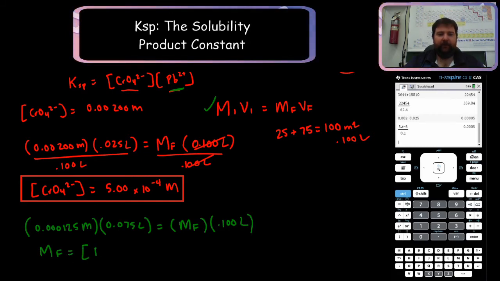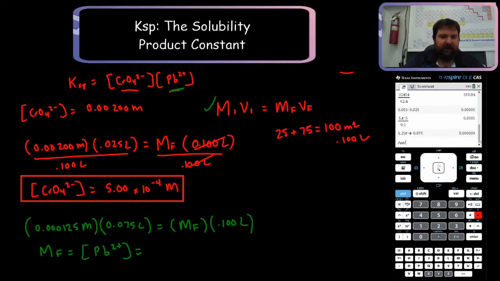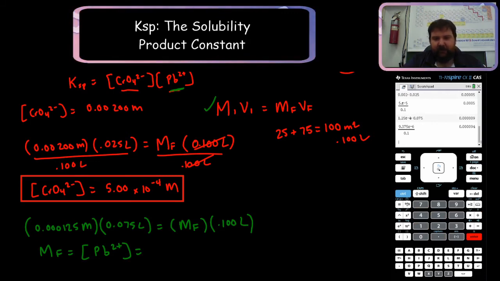So there we go. My final molarity of Pb2+ is, let's toss this in our calculator, 0.000125 times 0.075 divided by 0.1. All right, we want to have 3 sig figs.